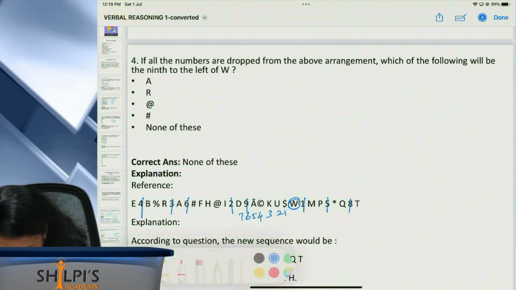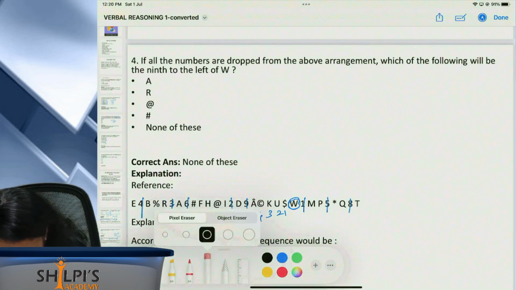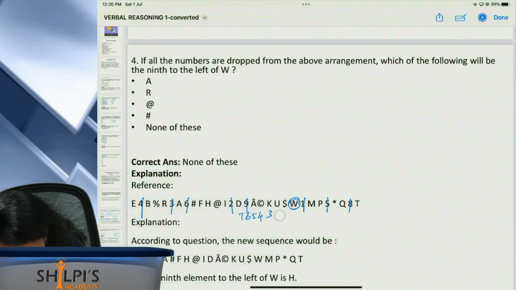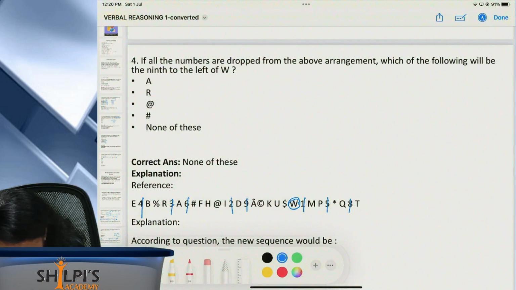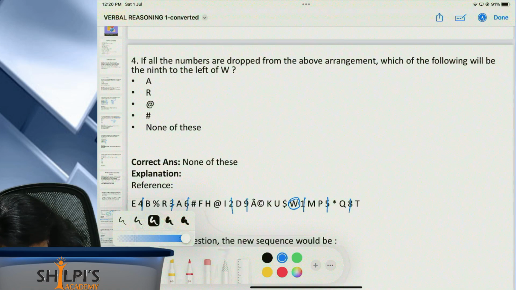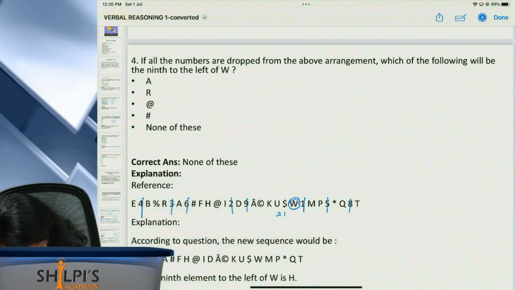I shouldn't have counted these numbers. You have to take away all the numbers, no? That only we have to see to it. Okay, so it is 1, 2, 3, 4, 5, 6, 7, 8, 9. 9th element is H.